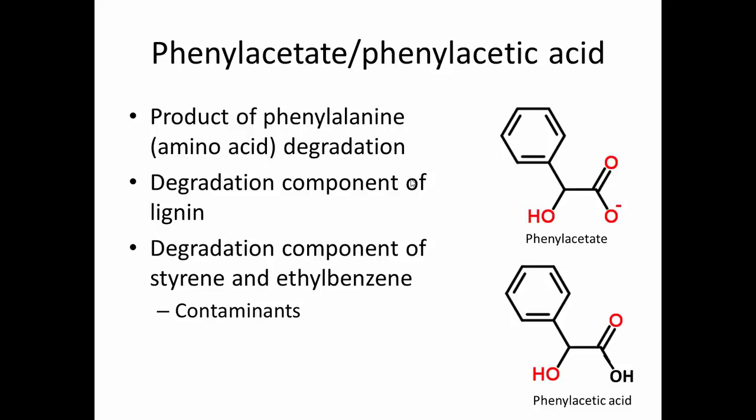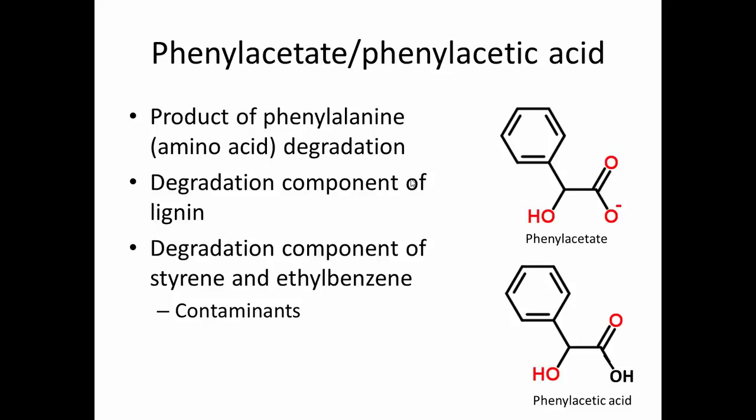So what we're going to consider for the flipped classroom activity is phenylacetate, or phenylacetic acid. This is a product of phenylalanine degradation. Phenylalanine is an amino acid. It's also the degradation component of lignin.